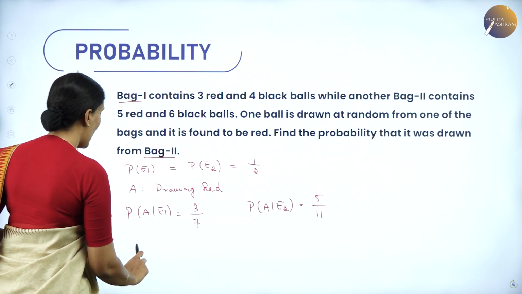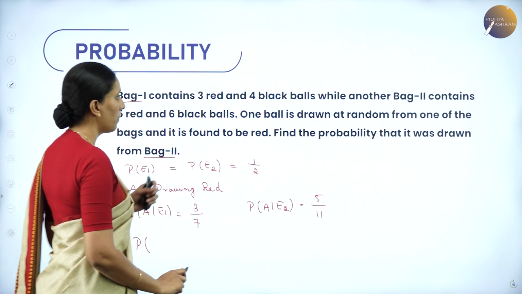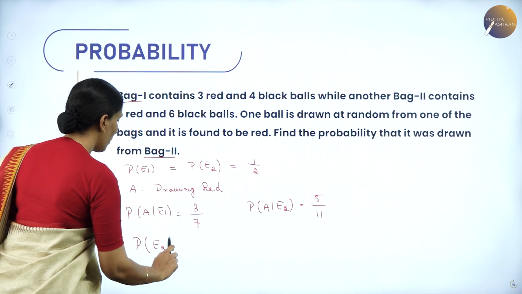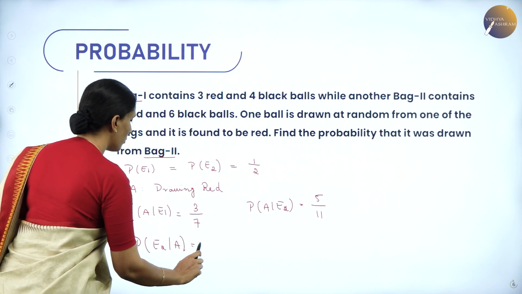My question is, I need to calculate the probability of choosing bag 2, given that a red ball is already drawn.